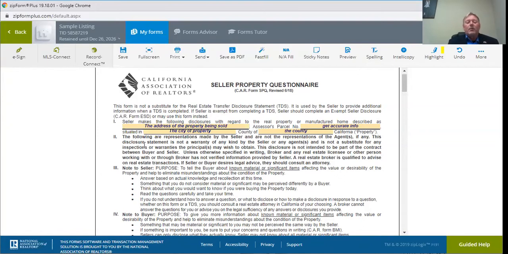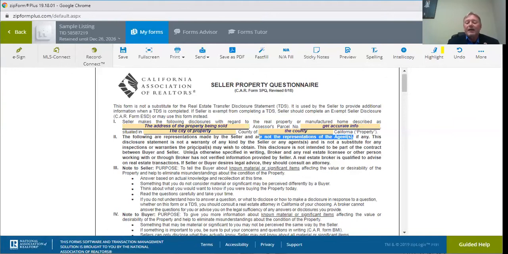The following are representations that are made by the seller, and they are not representations of you as the agent. This disclosure is not a warranty of any kind by the seller or any agents, and is not a substitute for any inspections or warranties the principals may wish to obtain.